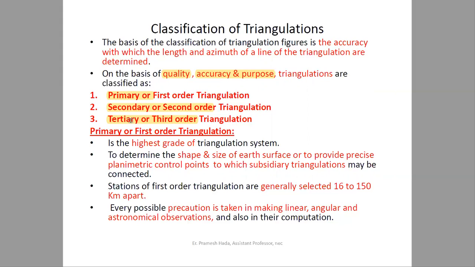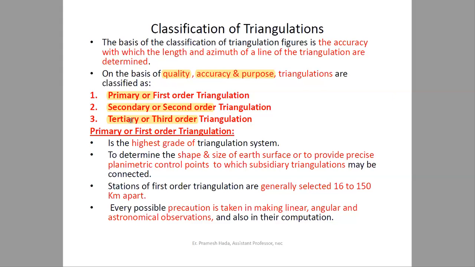First of all, primary is the highest grade of triangulation system, meaning it is the most accurate. This set of triangulation is preferred for stations generally 16 to 150 kilometers apart. This is the range between two stations and they must be intervisible as we have discussed earlier.